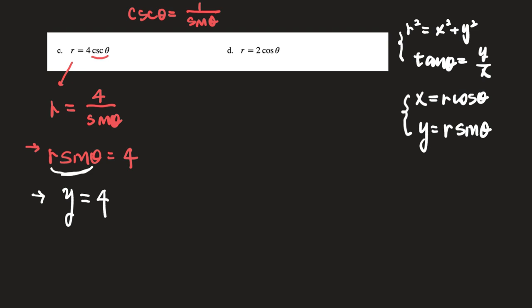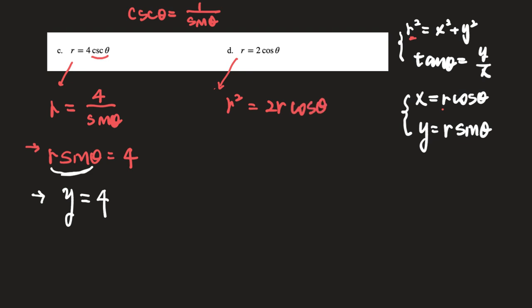Let's practice another one. This is a little more challenging. Look at this. r is 2 cosine theta. We want to convert, so we need r cosine theta or r squared. You're going to pick one of them. So I'm going to multiply by r on both sides: r squared equals 2 r cosine theta.